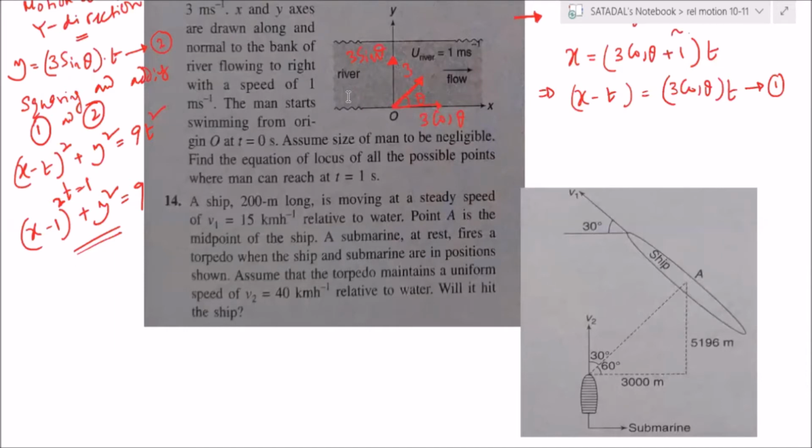Yes, Rahul, tell me. Sir, the 14th one, it will hit the ship. Okay, we'll check. Shashivardhan? Sir, I have a doubt, is the submarine at the back of point A or in front of point A? Basically, this is the ship's perspective that is being given. Suppose the ship is moving in this direction, and that is the front of the submarine. Okay.